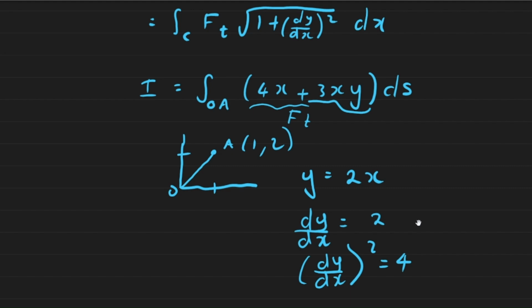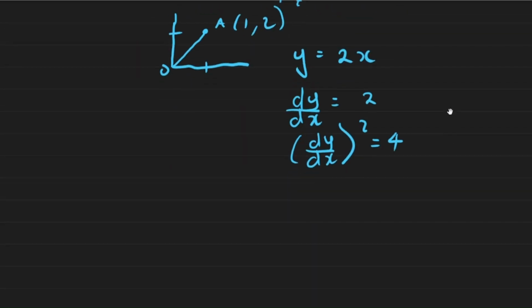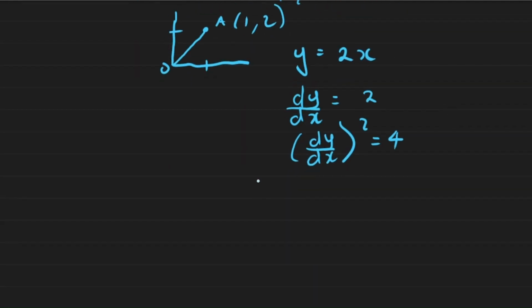So we want the square root of 1 plus (dy/dx) squared. So 1 plus (dy/dx) squared is simply equal to 1 plus 4, which is equal to 5.